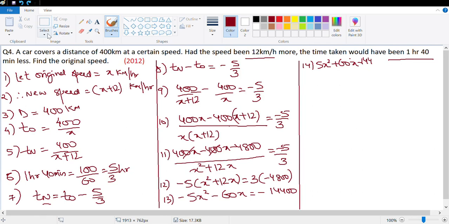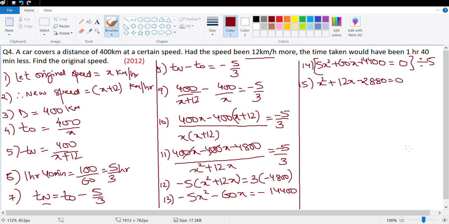Okay, this is a line which I had drawn earlier. Let me just erase this line. It was interfering with what I had written. So what we have is 5x squared plus 60x minus 14400 is equal to 0. Let's divide both sides by 5, and we have x squared plus 12x minus 2880 is equal to 0.